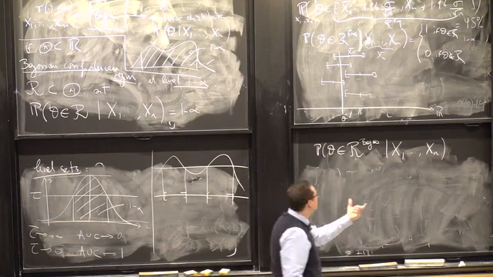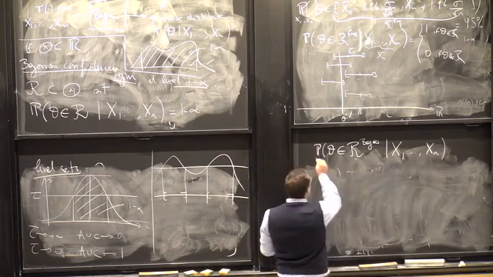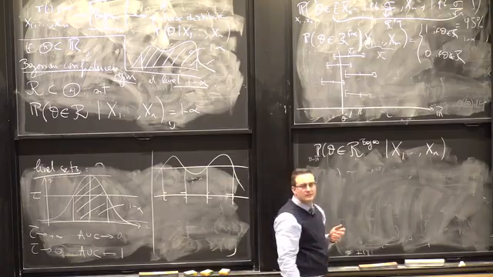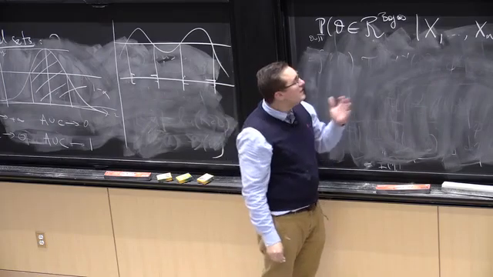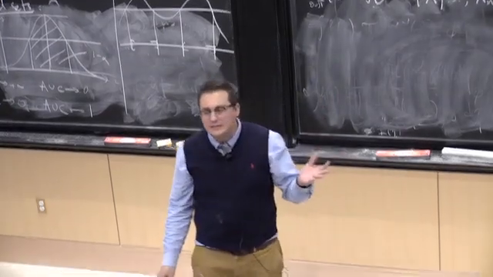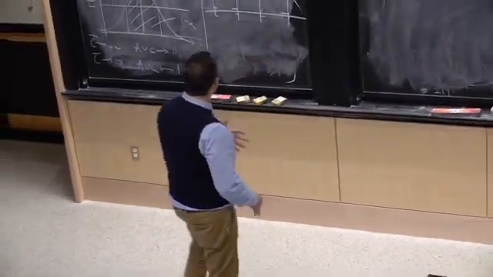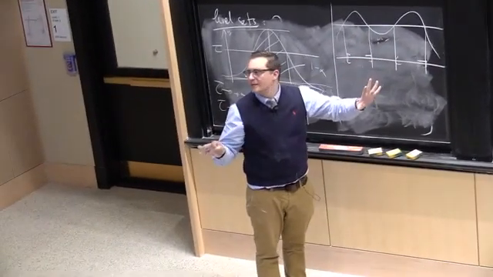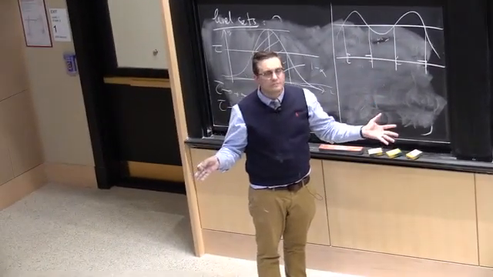Since I've conditioned on x1 through xn, this probability is really just with respect to theta drawn from the prior. So now it has a slightly different meaning. It's making a statement about where the regions of high probability of your posterior are.